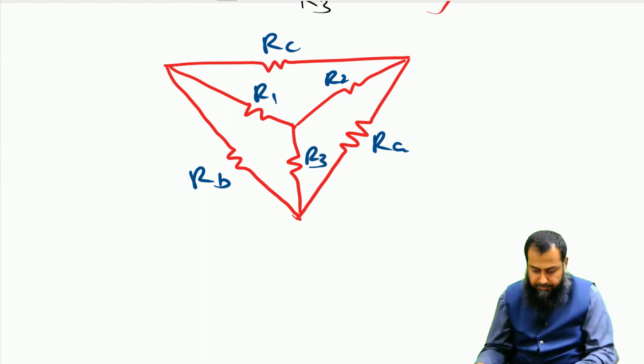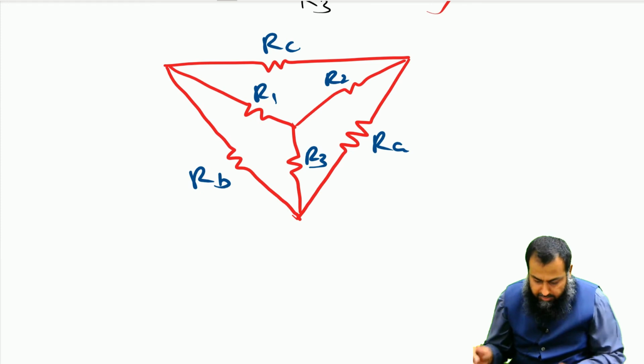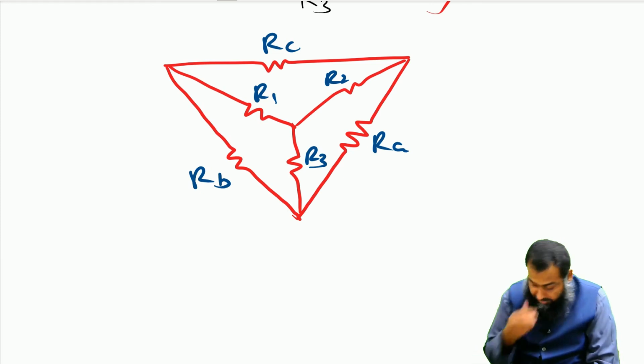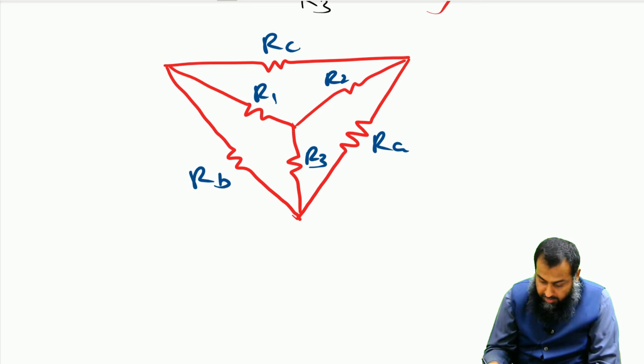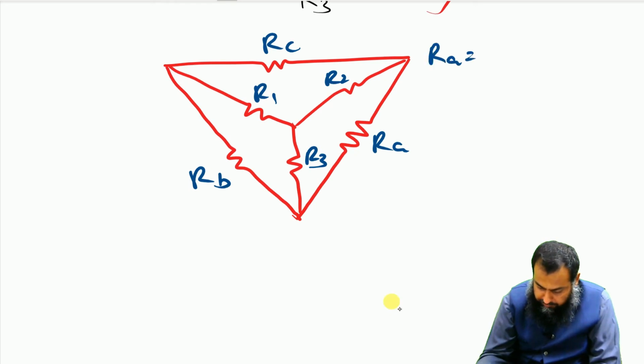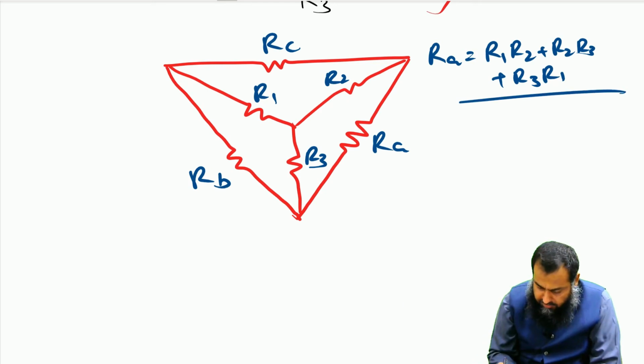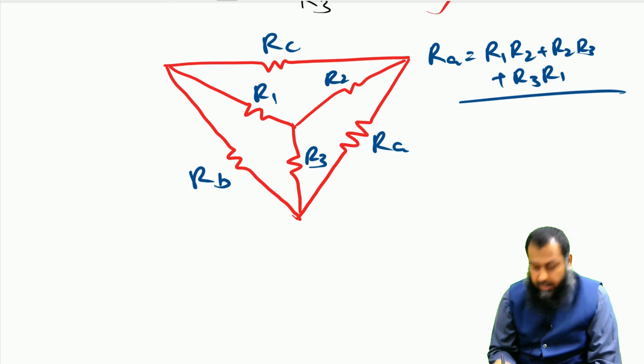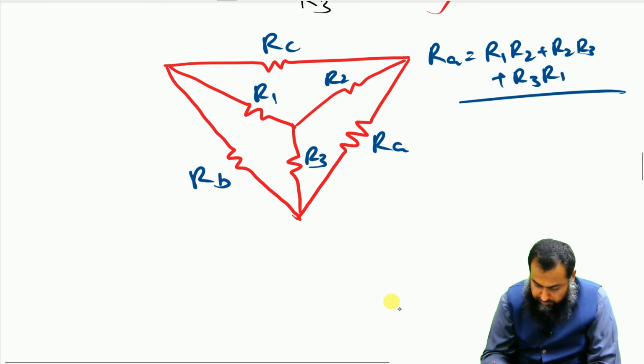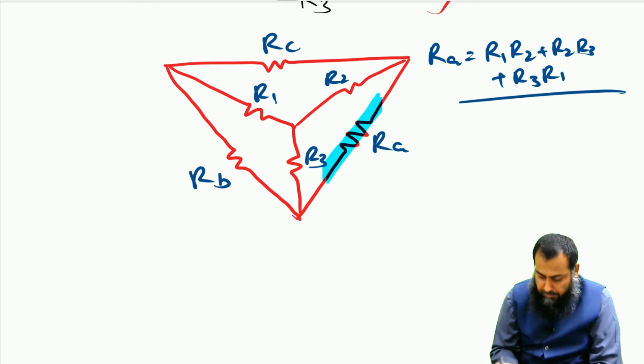Now, if you see here, the expression of RA I can simply write as R1 R2 plus R2 R3 plus R3 R1 divided by the resistance which is opposite to this RA. In this particular section there is only one resistance opposite to RA.